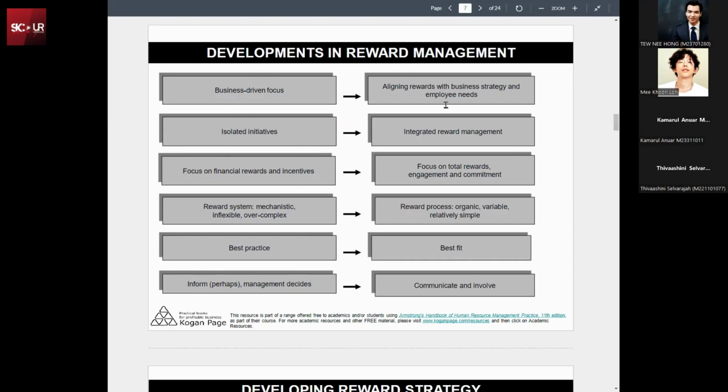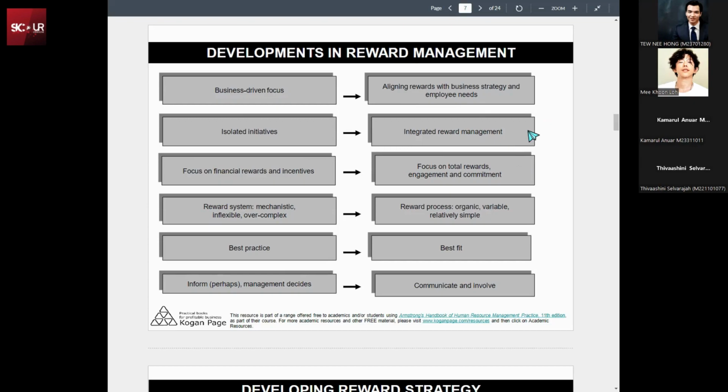Now we want to evolve the way that we develop from the business-driven focus. We need to align with the business strategy and the employee needs. And also you want to integrate the reward management, not only in part of the department, but the whole of the department. Integrated.